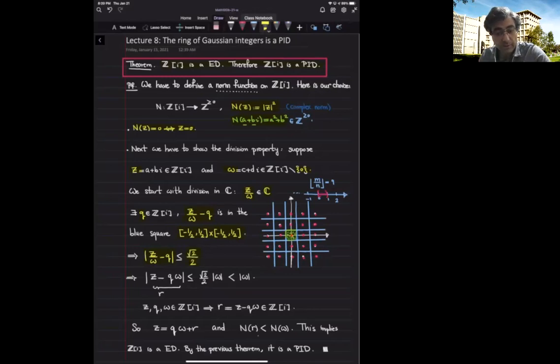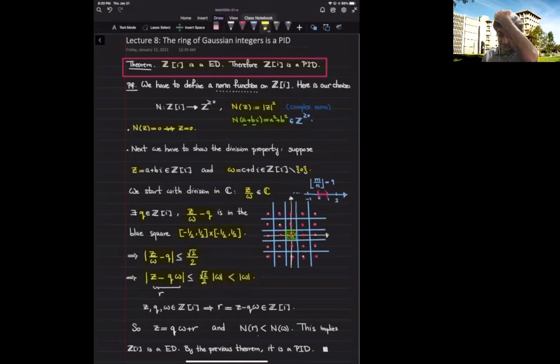Now, if I multiply both sides of this inequality by the norm of w, we end up getting that the complex norm of z minus q times w is at most √2 divided by 2 times the norm of w, and because √2 divided by 2 is a number less than 1, this is strictly less than the norm of w.